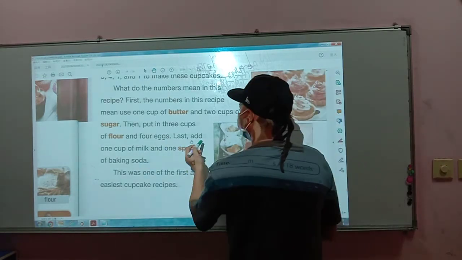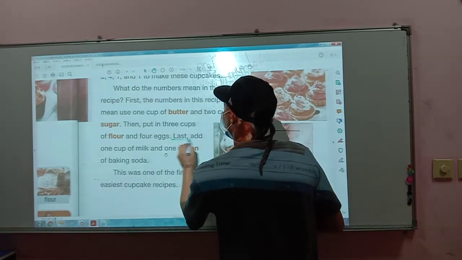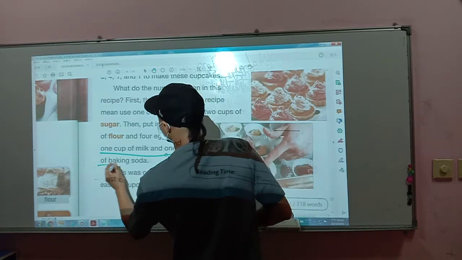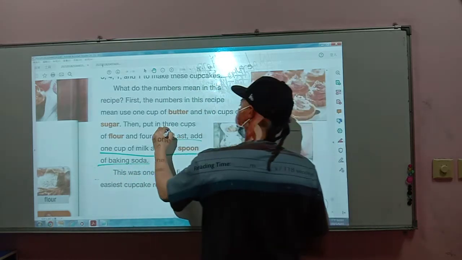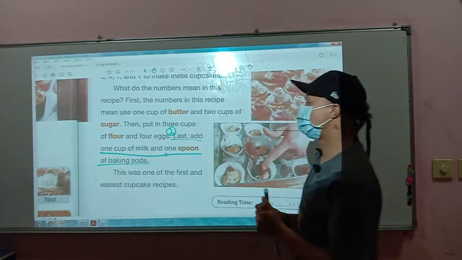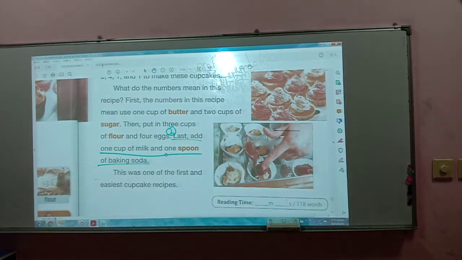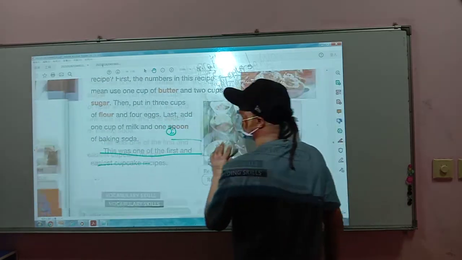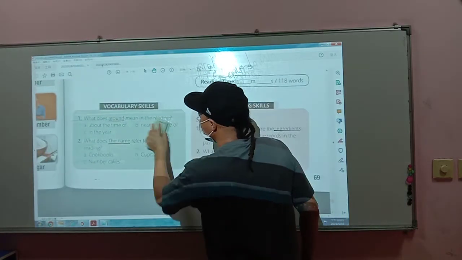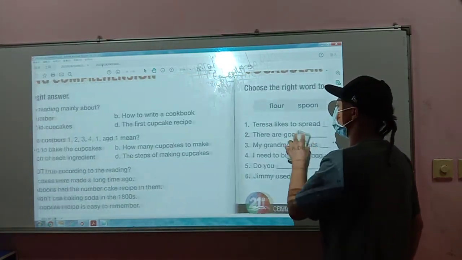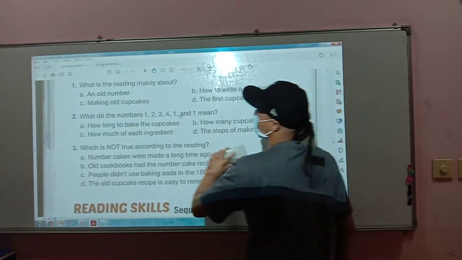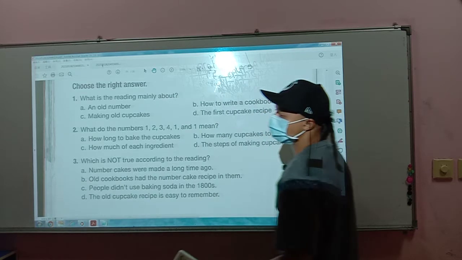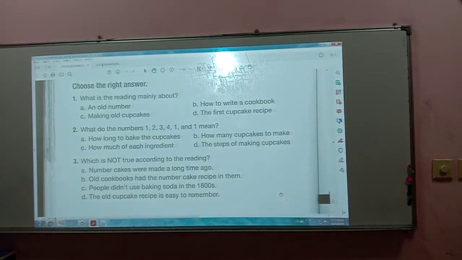So we look for the word last and we say last add 1 cup of milk and 1 spoon of baking soda. So that is number 2. I hope you guys got your answers right. Good job everyone. Let's move on to the next 2 pages where we answer the rest of the questions.